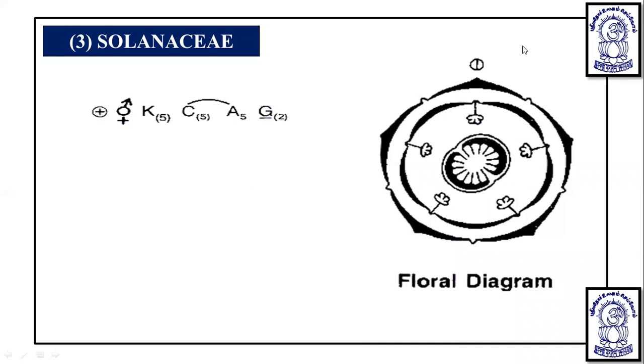If we talk about Solanaceae, it is known as the potato family. And if you see the characteristics of its floral formula and floral diagram, you will come to know that this floral formula has actinomorphic symmetry.